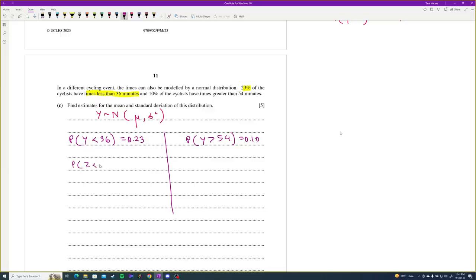P(Z is less than (36 minus mu) over sigma) is equal to 0.23, and here it's going to be 1 minus P(Y is less than 54) equal to 0.10, or P(Y is less than 54) is equal to 0.90. And then after standardizing, P(Z is less than (54 minus mu) over sigma) is equal to 0.90. So are we good till here? Is this okay?